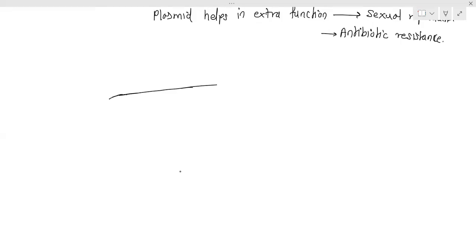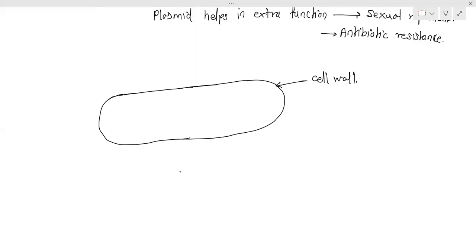Okay, so suppose this is our bacteria. Right now I am drawing its cell wall. Inside the cell wall, there will be the plasma membrane.